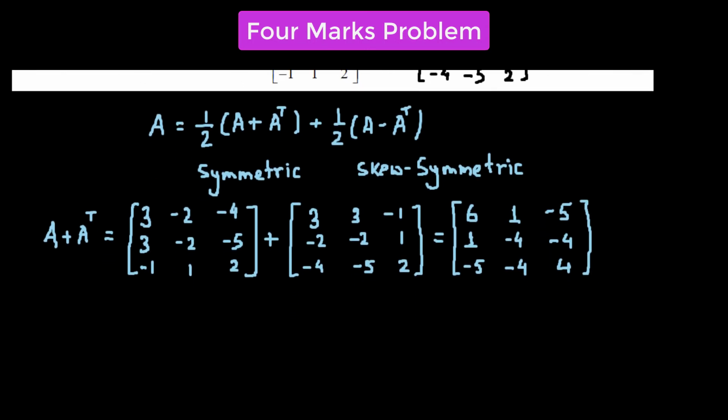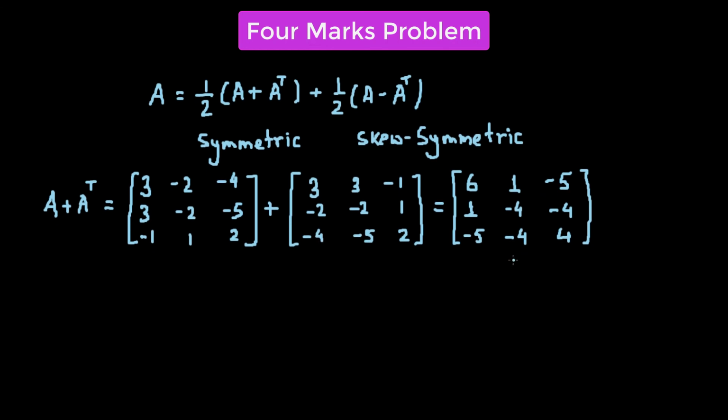Now here we can observe, for any given matrix to be symmetric, it should follow that each element Aij must be equal to Aji. So let us verify it. Let us consider the element in the second row, first column, which is 1 here. So we have a21 equals 1, and by definition it must be equal to the element in the first row, second column, which is also 1, so this is true.